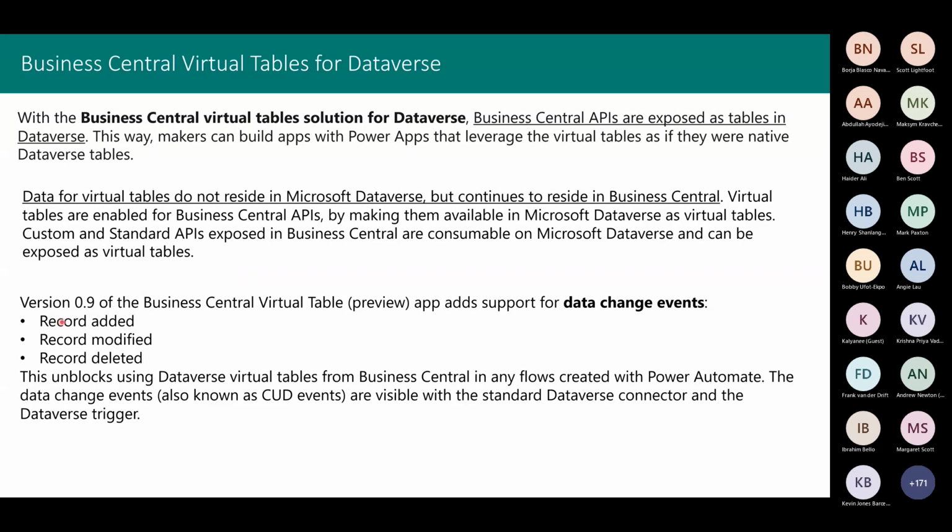So when someone adds, modifies, or deletes a record from a virtual table in Dataverse, you can do actions. This is extremely powerful because every application that uses Dataverse can read or write your virtual table exposed in Business Central, and you can react to them and do every type of action you want.